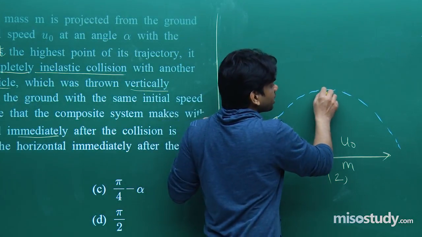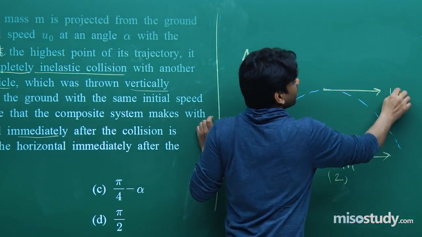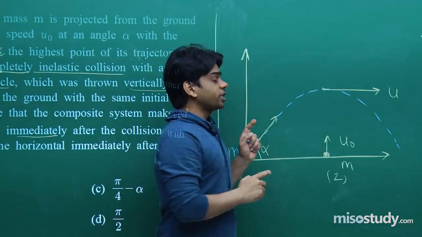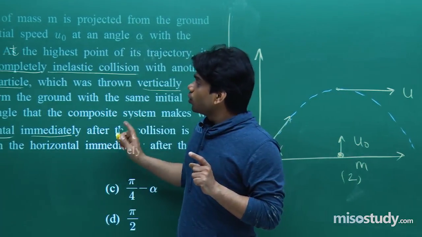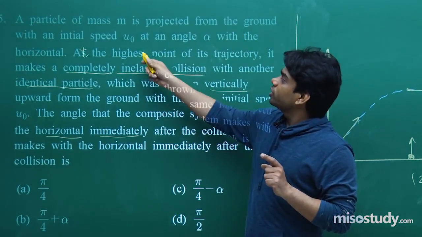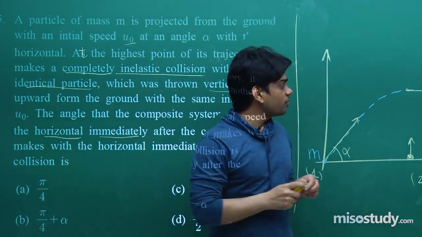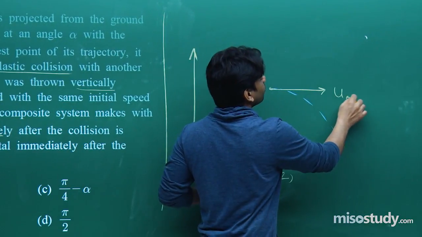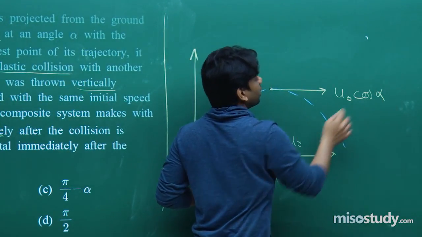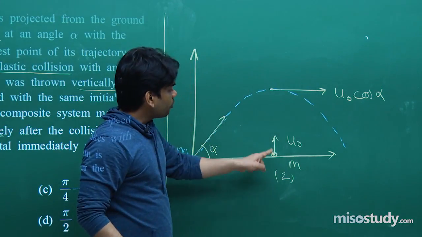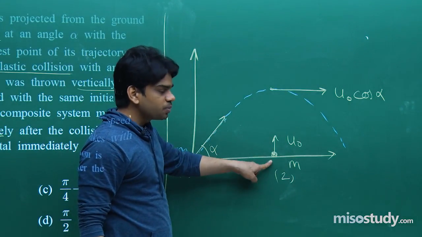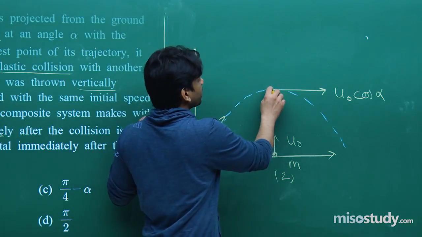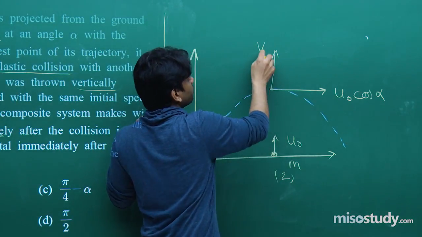For the first particle, it is projected with speed u0 from the ground at an angle alpha. So it will have only the velocity u0 cos alpha along the horizontal. For the second body, if it is projected with speed u0, its speed at that height will become v.